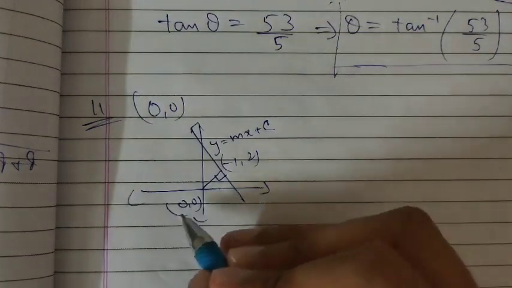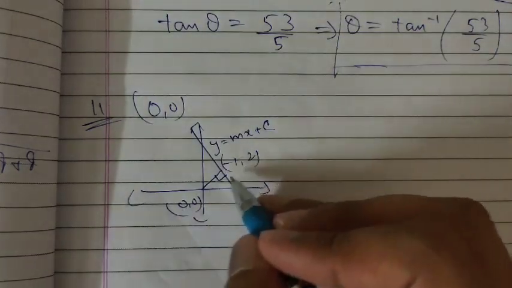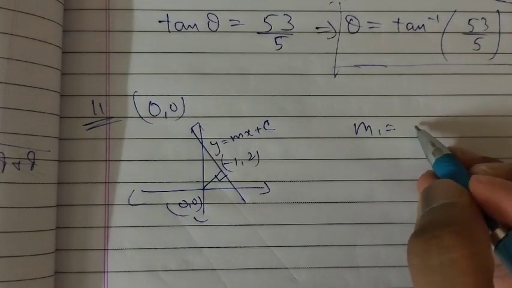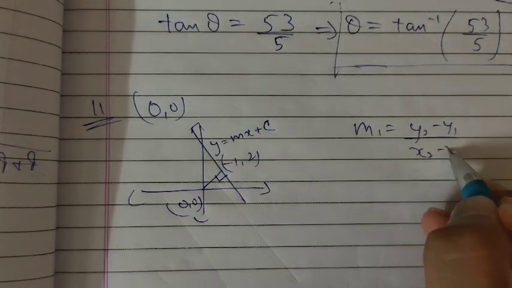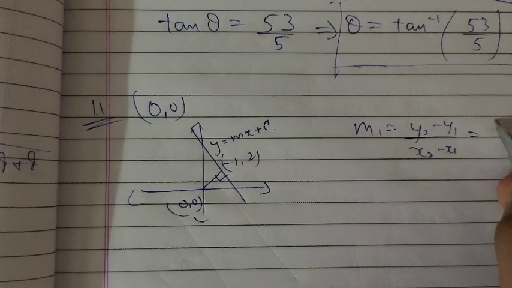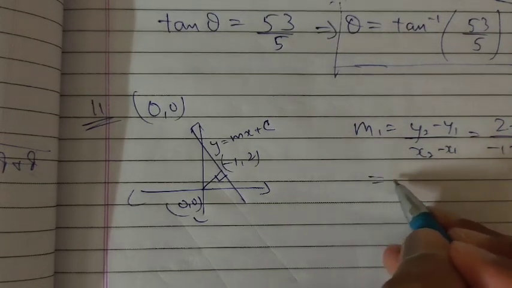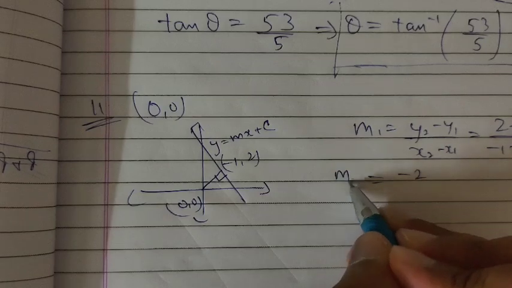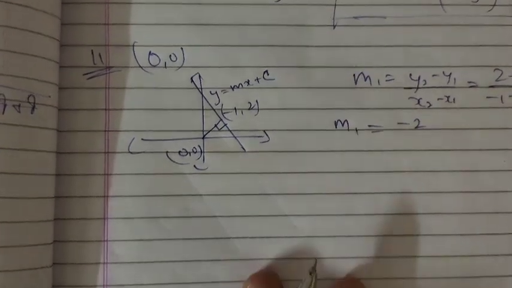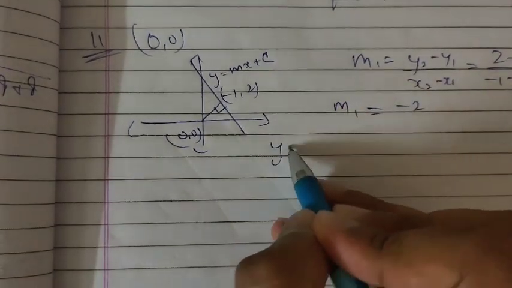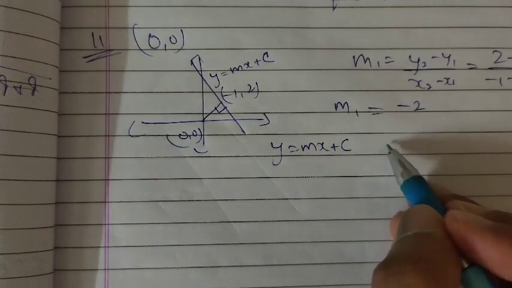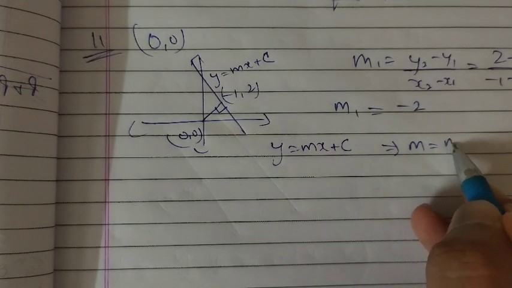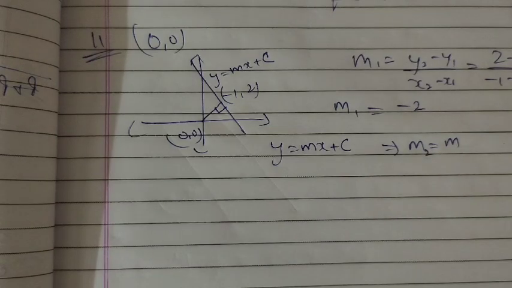Okay, so let's find the slope of this line, right? m1 is equal to (y2 minus y1) upon (x2 minus x1), so 2 minus 0 upon minus 1 minus 0, which is equal to minus 2. So m1 is minus 2. Another equation, y is equal to mx plus c, so let's take m2 is equal to m.